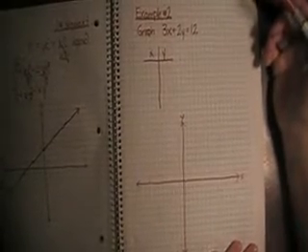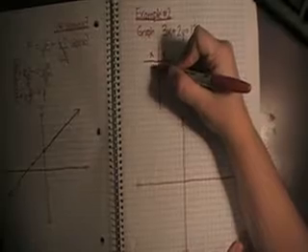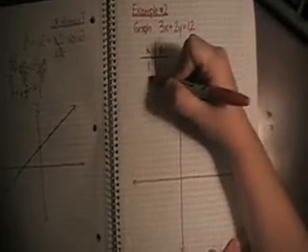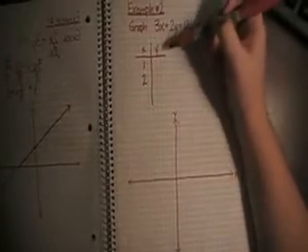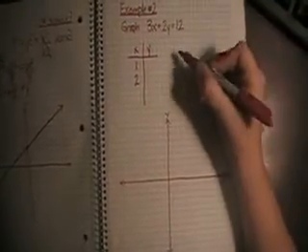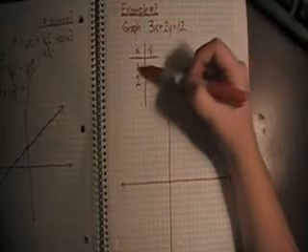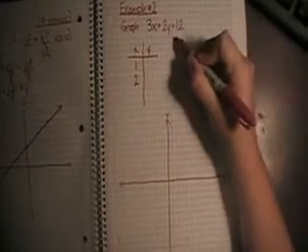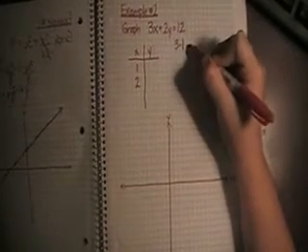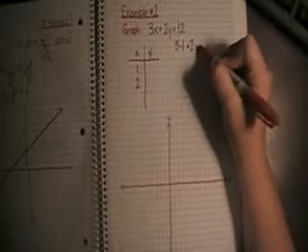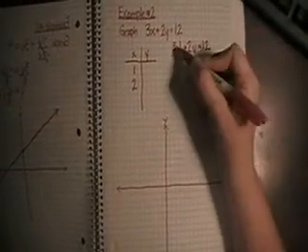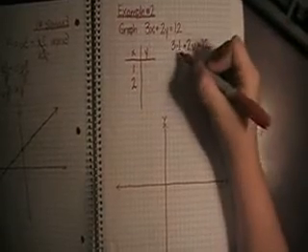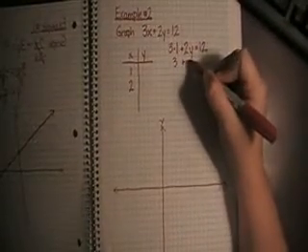So for example, I might substitute a 1 for the x and maybe a 2 for the x, and then I'll use this equation to determine the corresponding y values. Okay, so if I substitute a 1 for the x, then 3 times 1 plus 2 times a number should equal 12. Okay, so 3 times 1 is 3. I'm just going to simplify the equation.